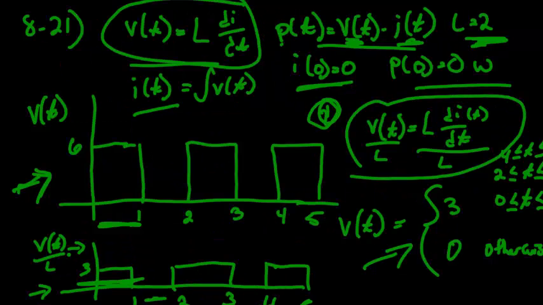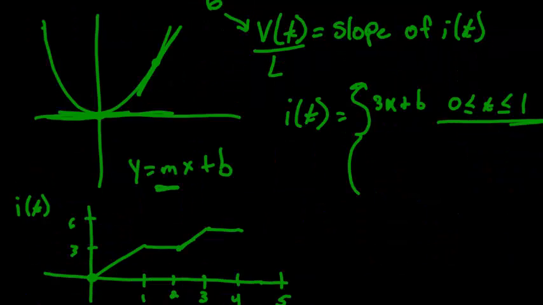Why? Because of the derivative right here. So it ends at 9, exactly. So this goes to 9, and from 4 to 5, that goes to 9, that goes to 6, that goes to 3.